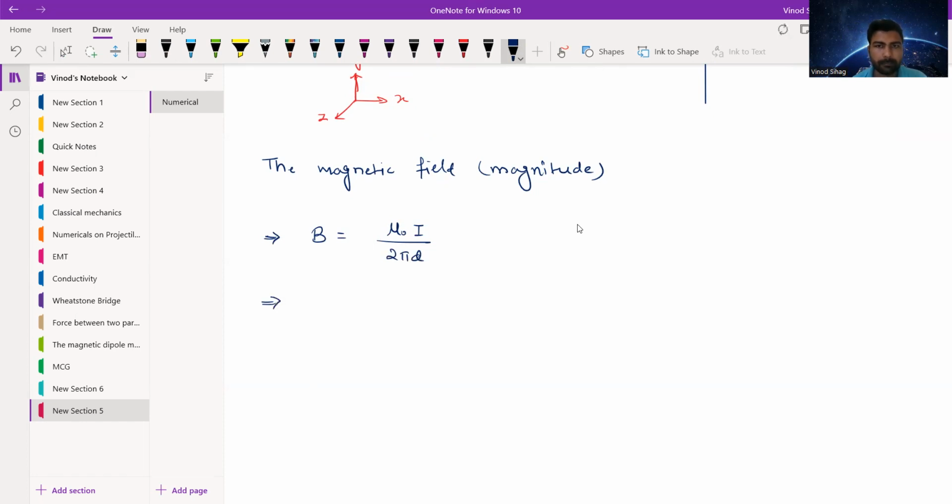Now we will place the values. The value of mu naught is 4 pi into 10 to the power minus 7, the value of I is given as 50 ampere, and the value of d is given as 2.5 meter. This time we don't need to convert it into meters because it is already in meters. The unit will be as usual Tesla.